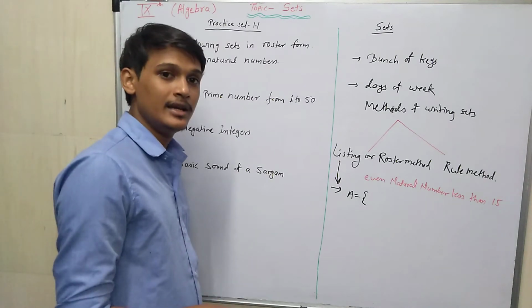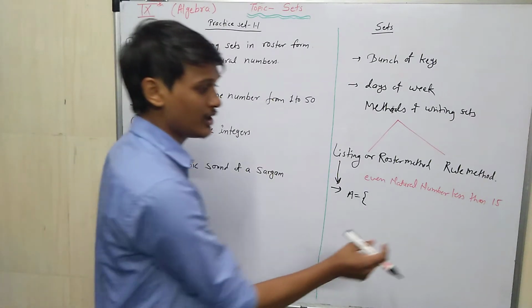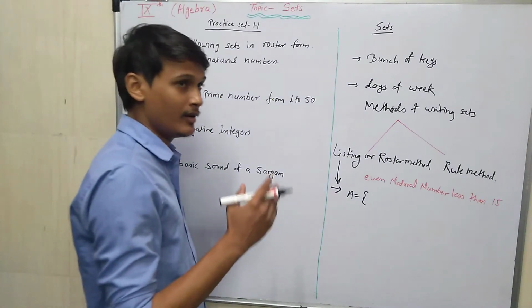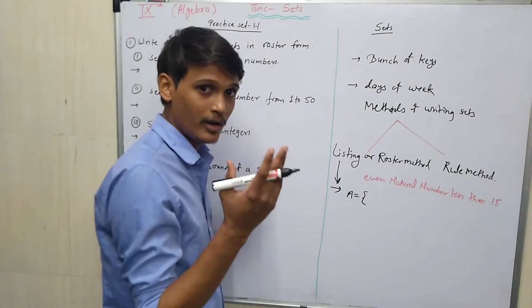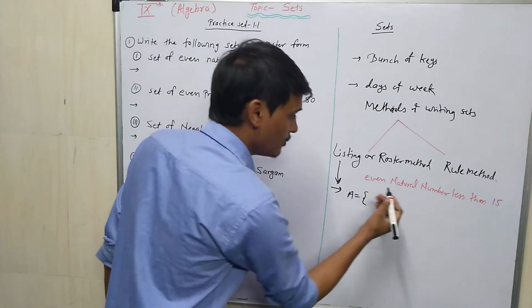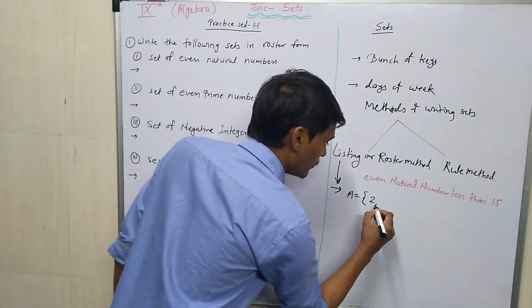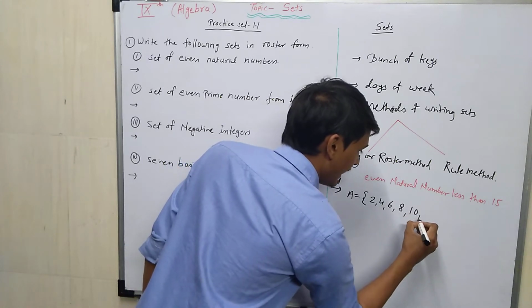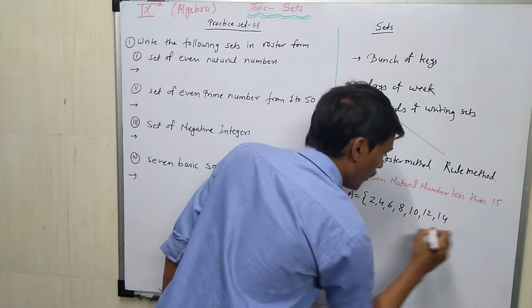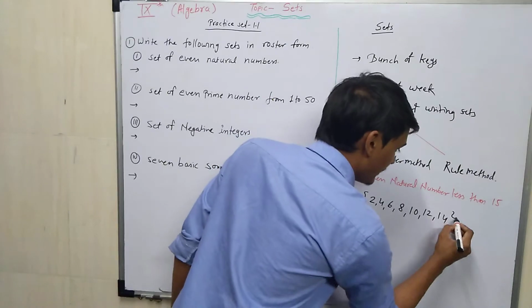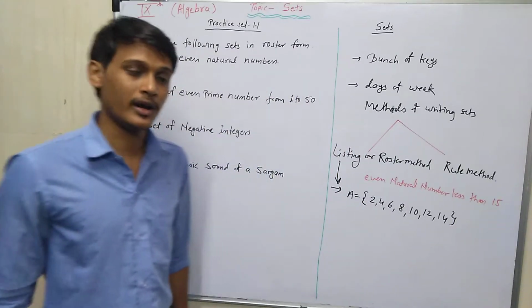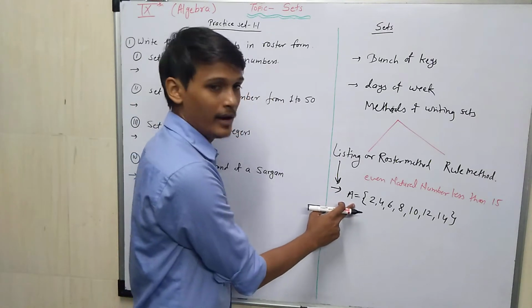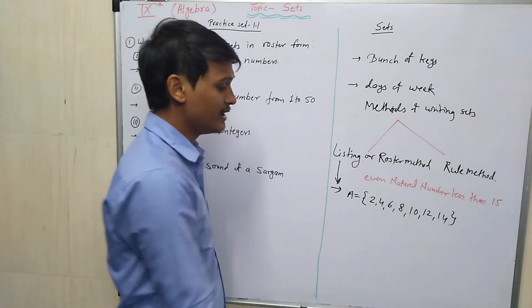There are many even natural numbers, but the question says less than 15, so 16 is more. Then write the natural numbers: 2, 4, 6, 8, 10, 12, 14. Then the bracket is closed. Which form is this? This is the listing form.